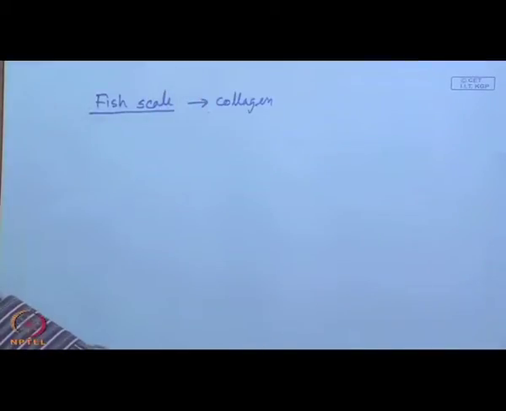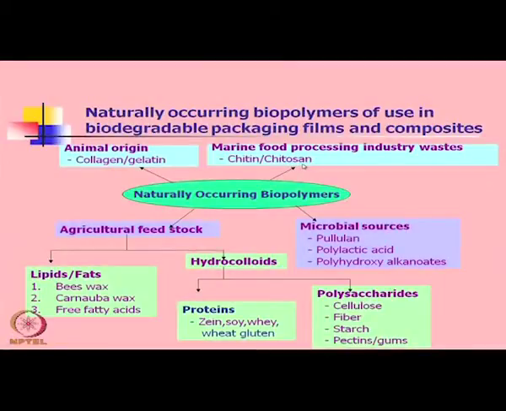And marine food industry wastes, they process such wastes to chitin and chitosan, and other polymers from natural source are lipids and fats from agricultural feedstock or hydrocolloids.